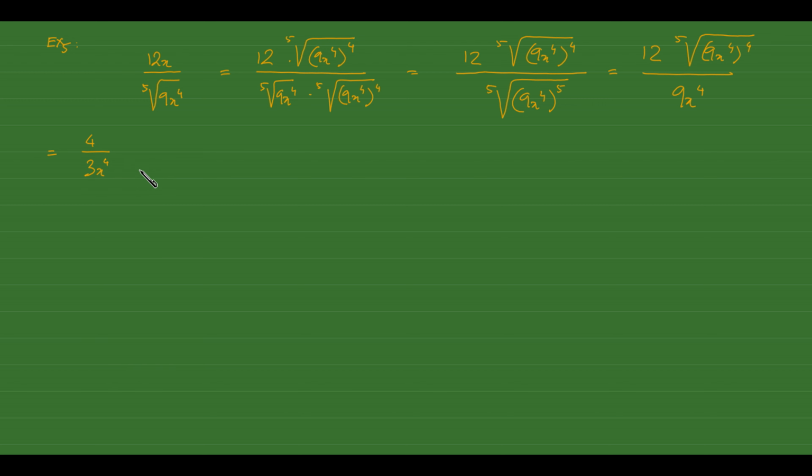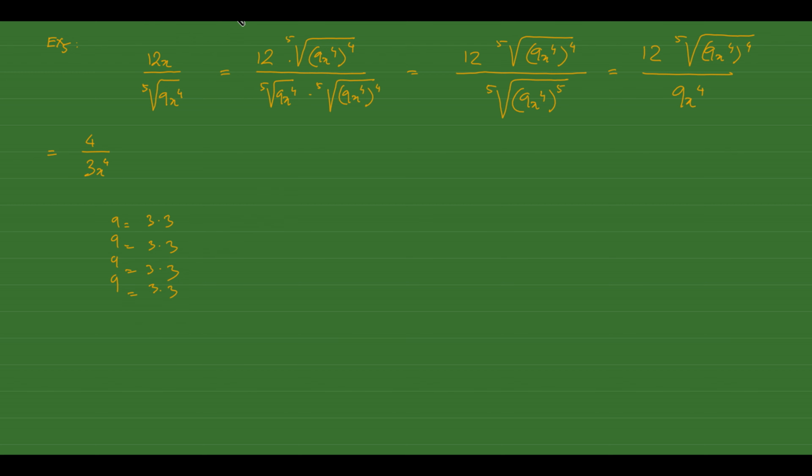Now 9 to the 4. Let's see. Because we want to write something raised to the fifth power, and we know that 9 to the 4 is 9 times 9 times 9 times 9, right? So that's 3 times 3, 3 and 3, and another 3 and 3.